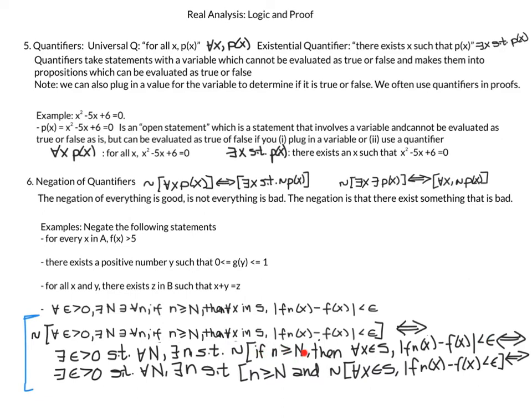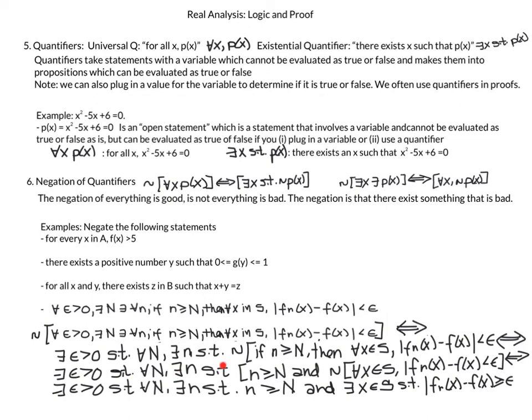I have an if, something, and then a then. So if you recall, to negate an implication, you take the antecedent, so that's n greater than or equal to capital N, and you AND it with the negation of the consequence. And finally, I brought everything down.